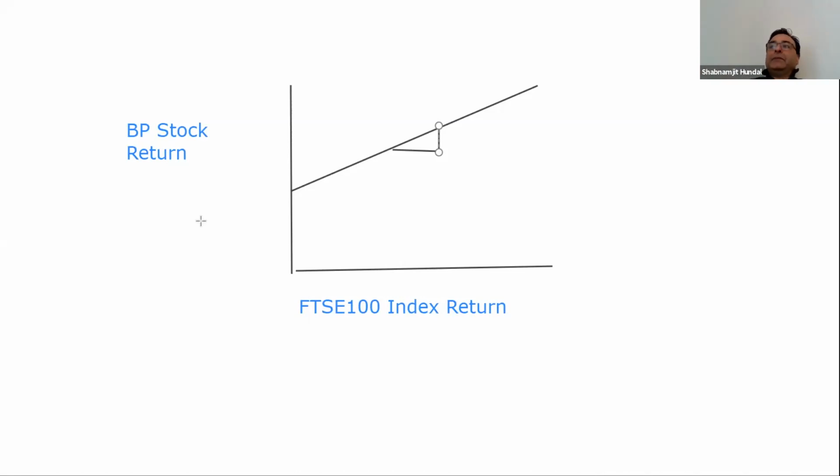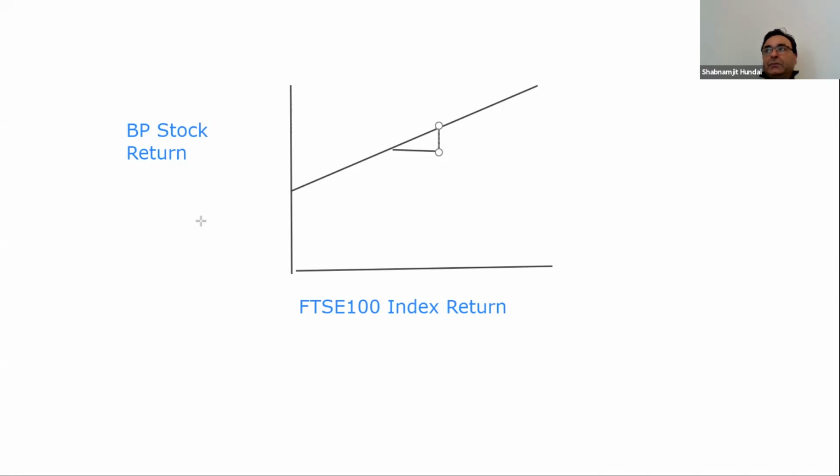At the same time, if the market, in this case the FTSE 100 index, goes down by 1%, then the BP stock return will go down by 0.6%. This responsiveness of a dependent variable to an independent variable is called the slope, or in this case, beta. Beta in finance is used as a measure of systematic risk.